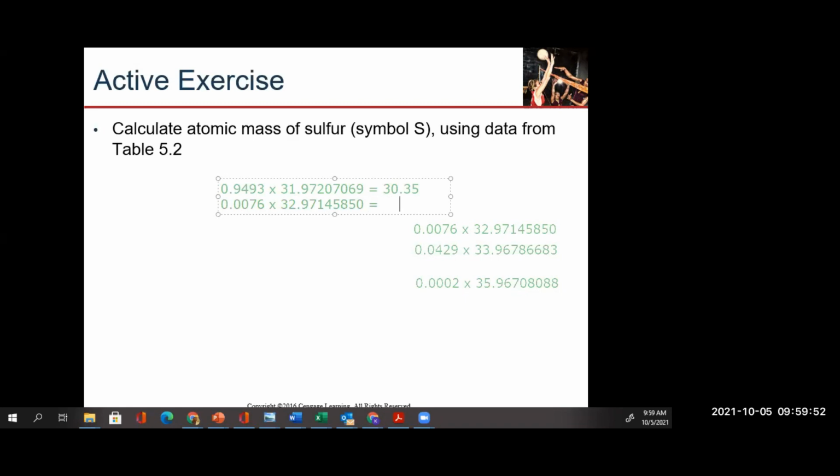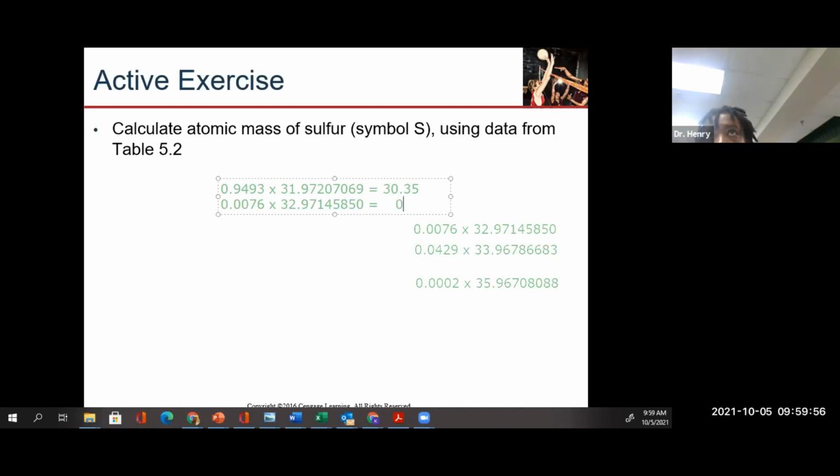This guy is going to be 0.25. Then we have this one here.